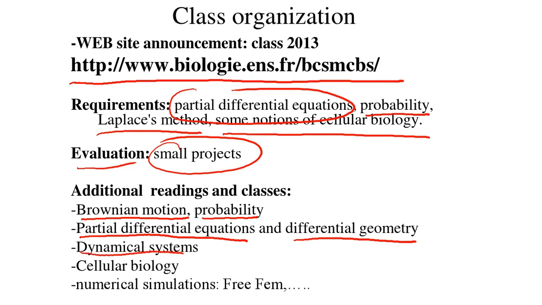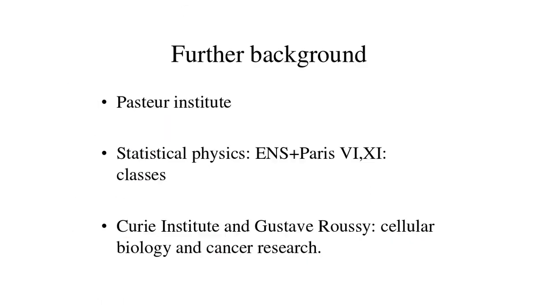Dynamical systems: I think it's very important to understand the basics of a recurrent set, if you have a generic hyperbolic dynamical system, x dot equals b of x, and of course some notion of biology. I hope that some of you know how to make simulations, either deterministic or stochastic. A tool can be FreeFEM for solving partial differential equations.